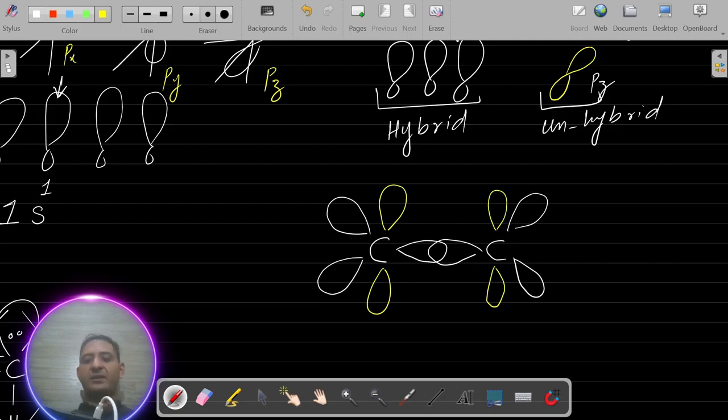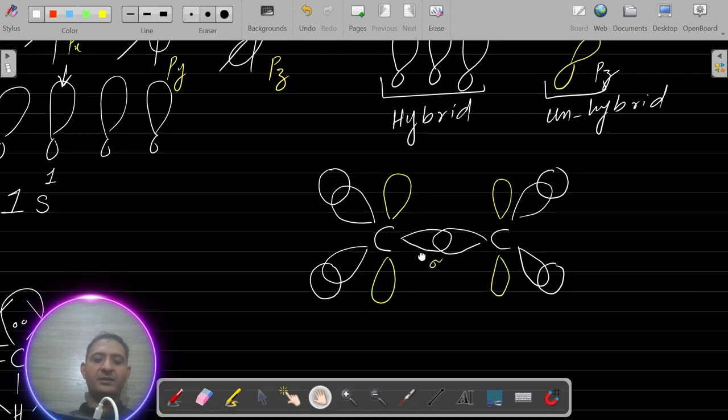So it is making a sigma bond, head-on approach. Here it is overlapping with this hydrogen, this hybrid orbital, and here also with hydrogen. It is the structure of ethene. When there's a carbon-to-carbon double bond, I think you people learned about this in O levels.